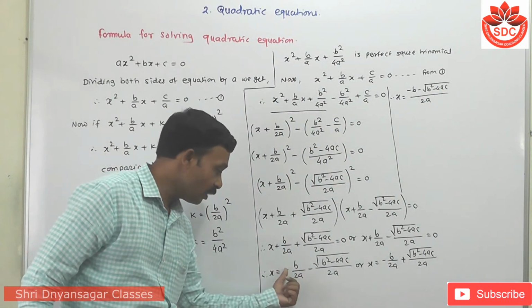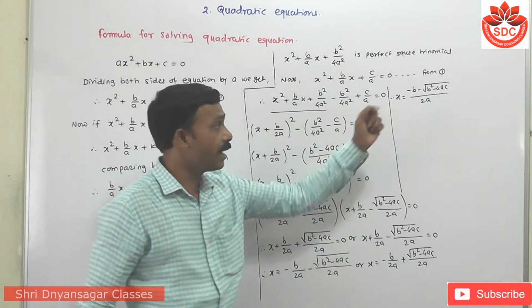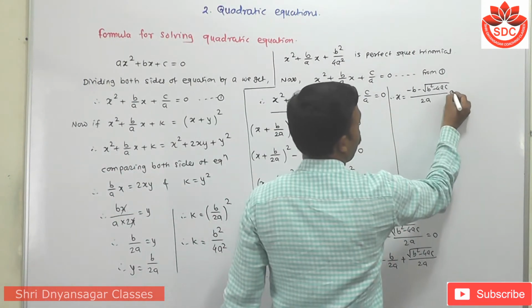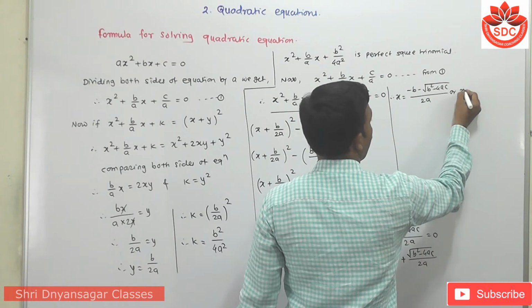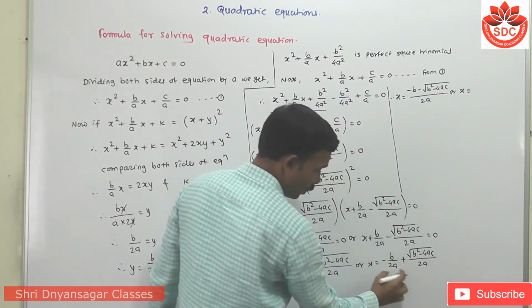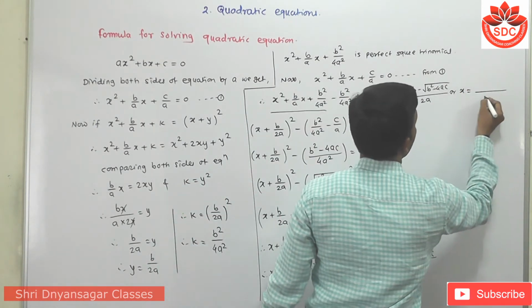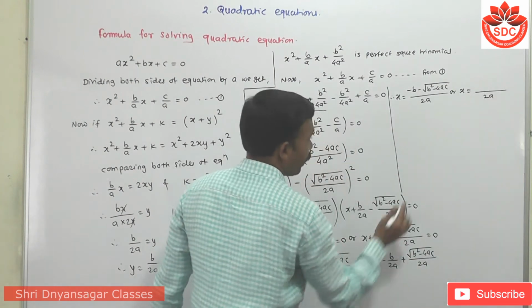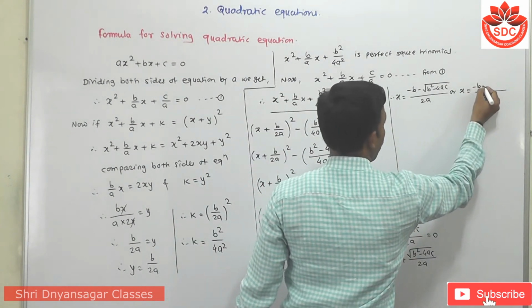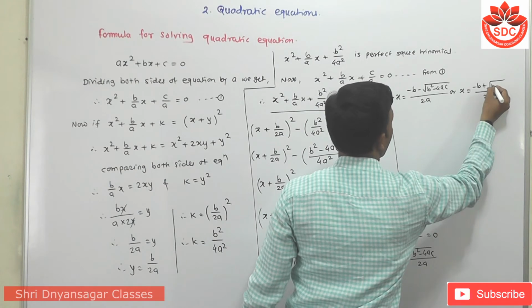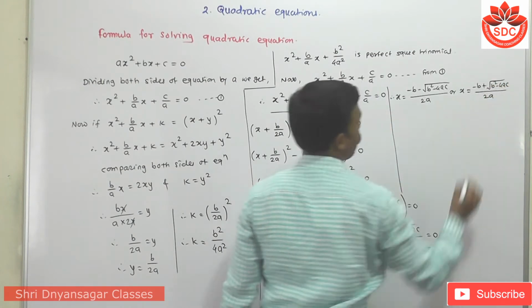The LCM is twice a, so minus b minus this sign, or we write here x is equal to, the LCM is again twice a, then minus b plus root of b square minus 4ac.